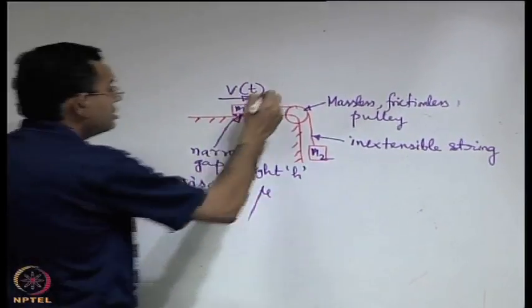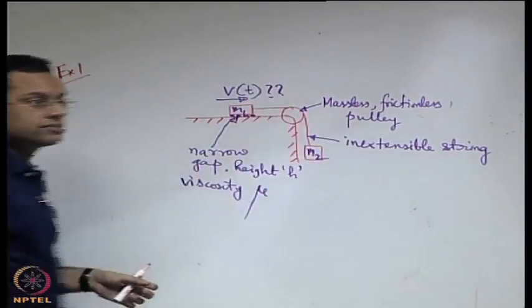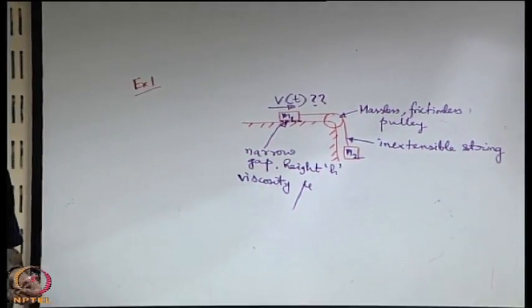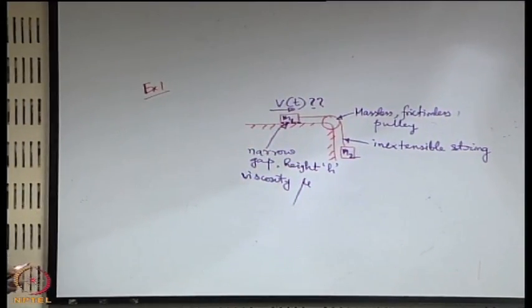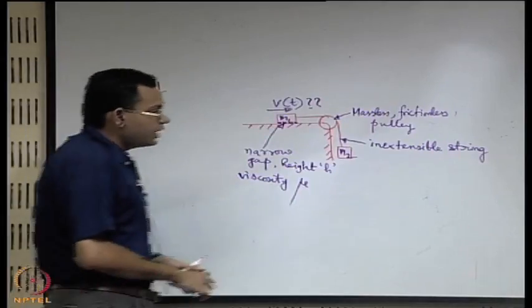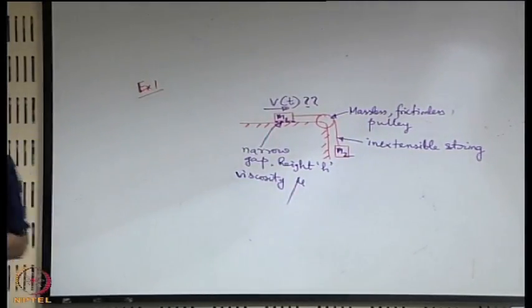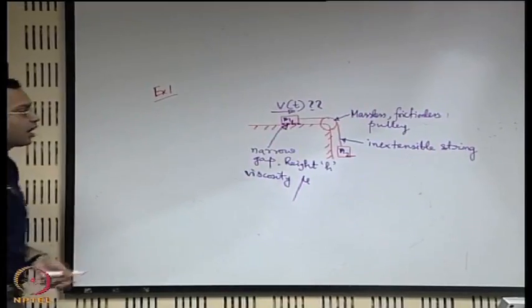So, this is the question that we would like to answer. This is a very simple problem, but we will try to go to as much fundamental depth as possible for such a simple problem.